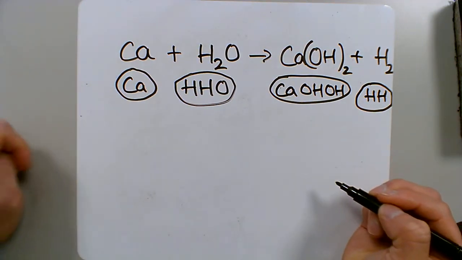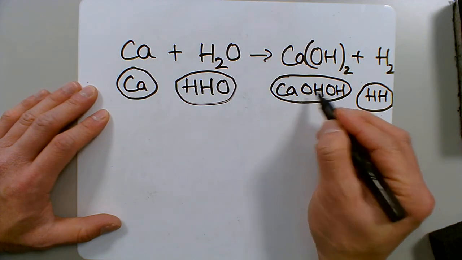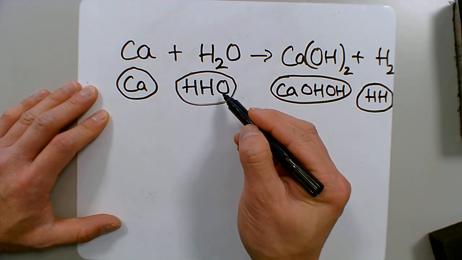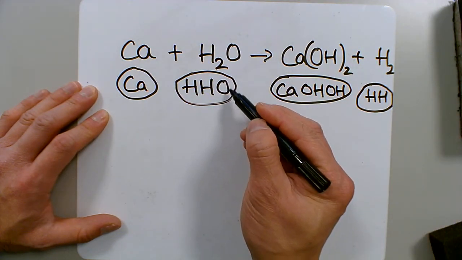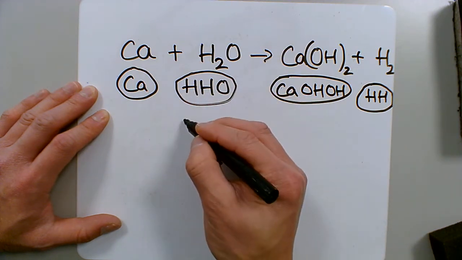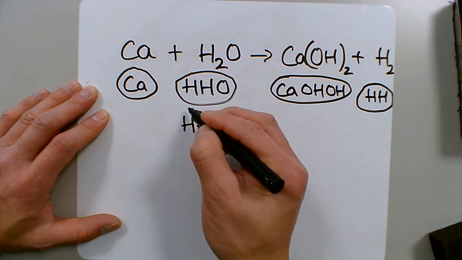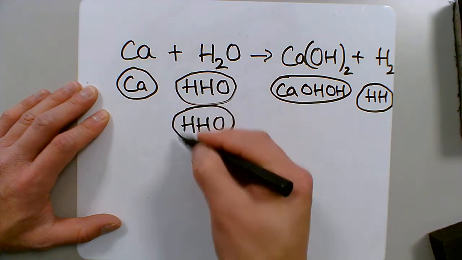Right, let's start with the oxygens. We've got 2 oxygens on the right-hand side, we've only got 1 on the left. We can't change what's inside the bubble, we can't just add an extra oxygen atom. So what we're going to do is add another water molecule.